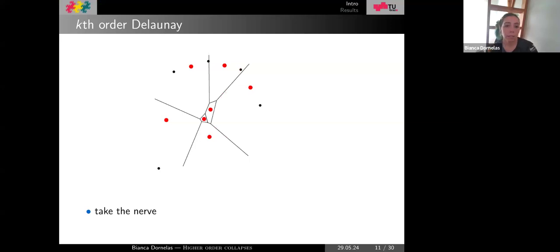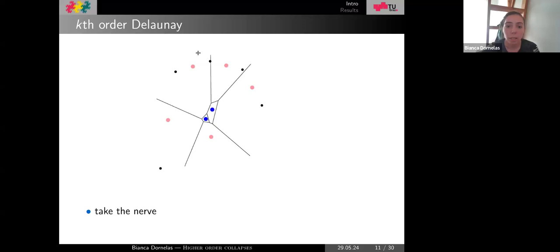Now, I told you this is an abstract construction, and yet we are seeing a geometric realization of it. And of course, there are some choices involved in that. And in fact, not always the higher order Delaunay is geometrically realizable. This example is an exception. But to be consistent, here I have to tell you that I have been putting the vertices into the barycenter.